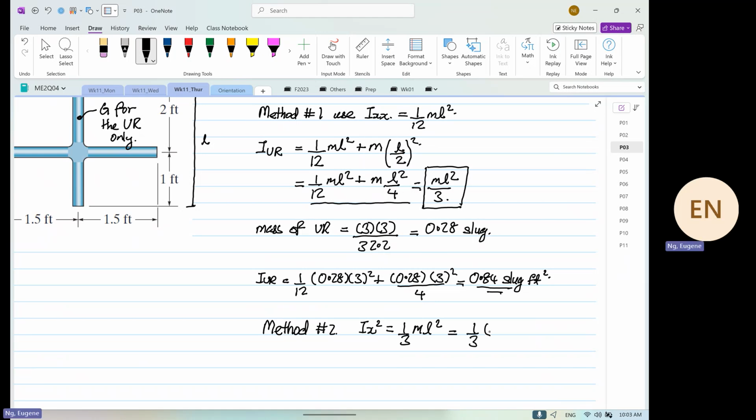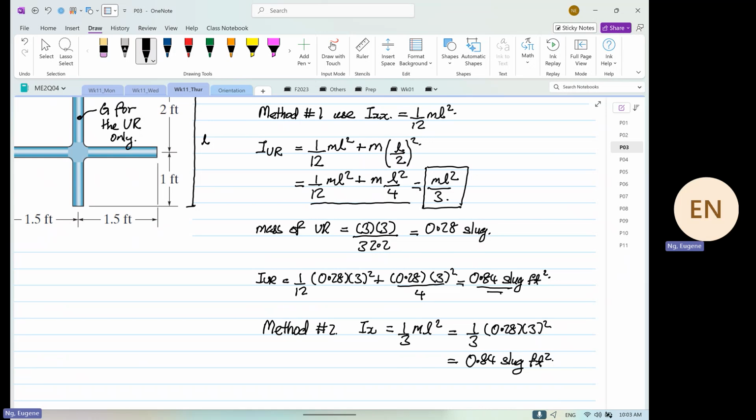So 1/3, and then the mass is 0.28, and the length is 3 squared. This will equal 0.28 times 3 squared divided by 3, which is equal to 0.84. We clear? Same answer. Whatever you're comfortable with.